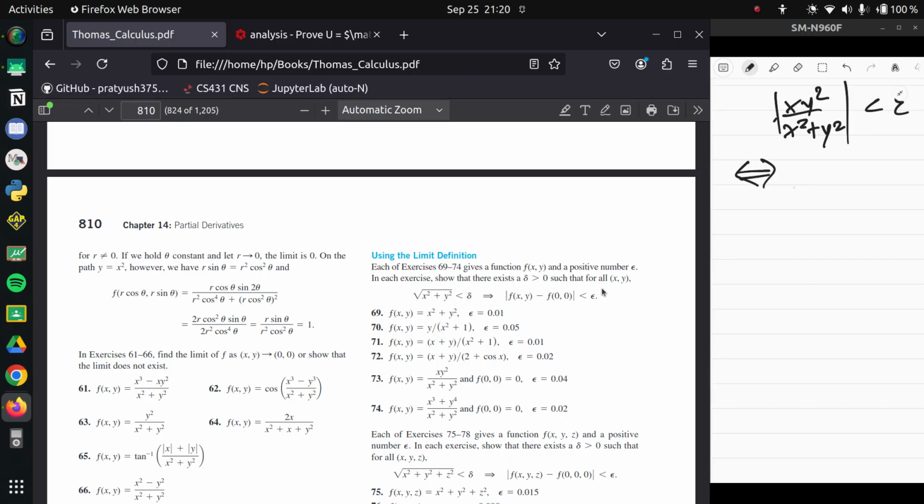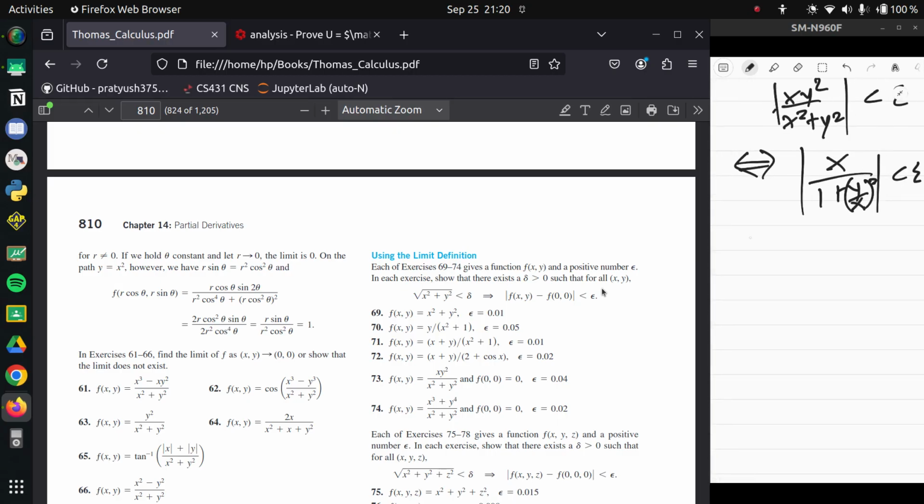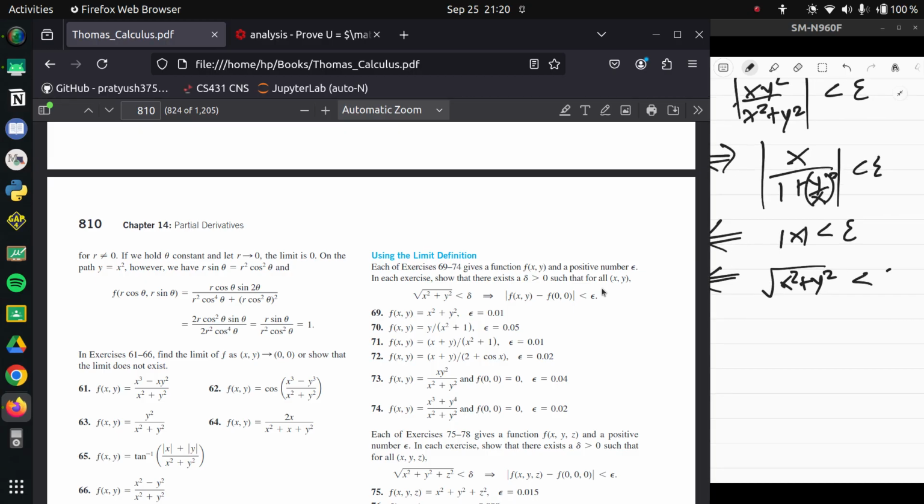So this is actually the same thing as saying that x upon 1 plus y by x square is less than epsilon. And this is reverse implied by just the absolute value of x being less than epsilon, because if that happens, this automatically happens. But that's reverse implied by the square root of x square plus y square being less than epsilon, because for this to happen, your magnitude of x cannot be bigger than epsilon, right? So that's an implication, the contrapositive. Okay, so what does this mean?